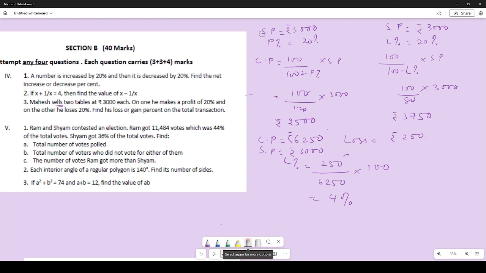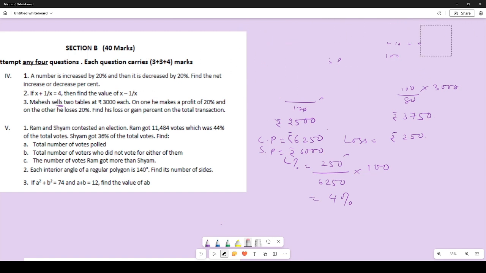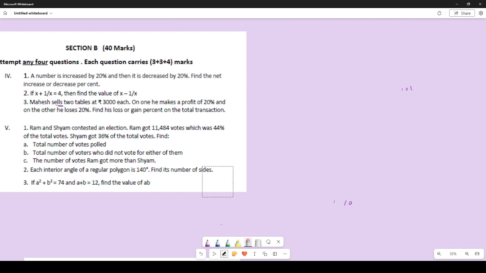Now let us move on to the next question. Ram and Shyam contested an election and Ram got 11,484 votes, which was 44% of the total votes. Now what we do is, 44% of the total votes is equal to 11,484. So what is the number of the total votes that have been polled?